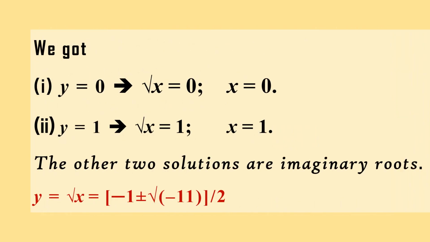So, the two real roots are y is equal to 0, that is, root x equal to 0, giving x is equal to 0. y is equal to 1, that is, root x equal to 1, giving x is equal to 1. The other two roots are imaginary. So real values for x are 0 and 1.